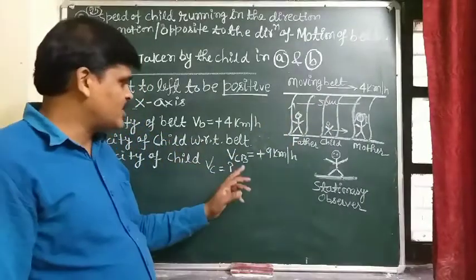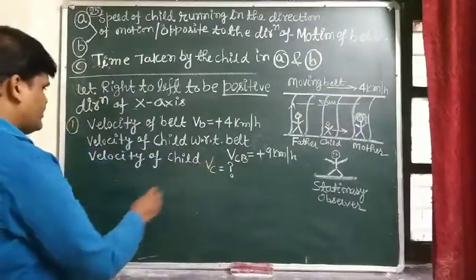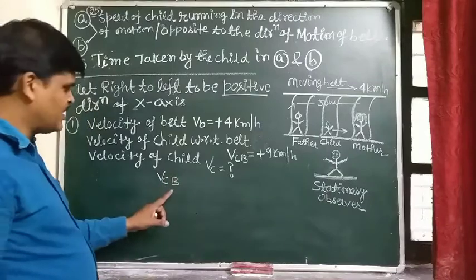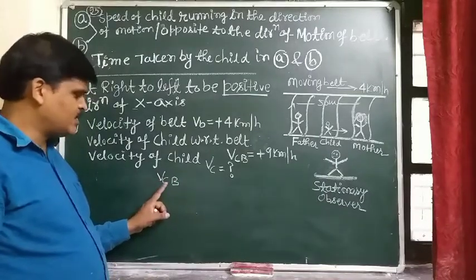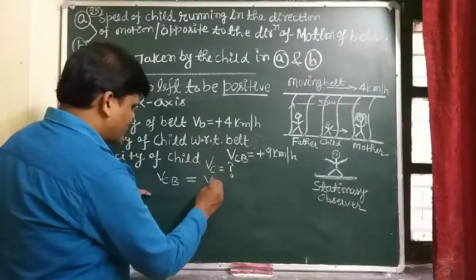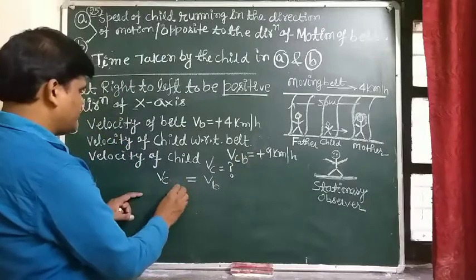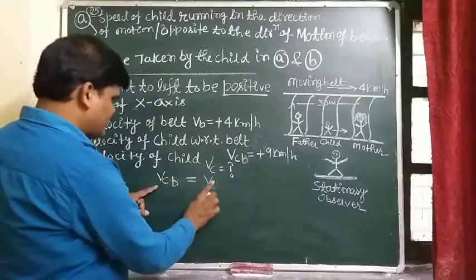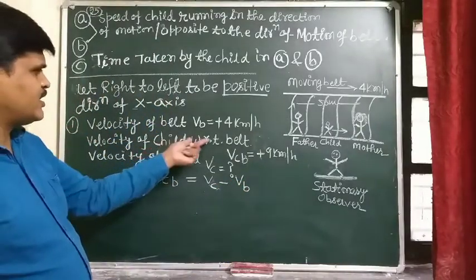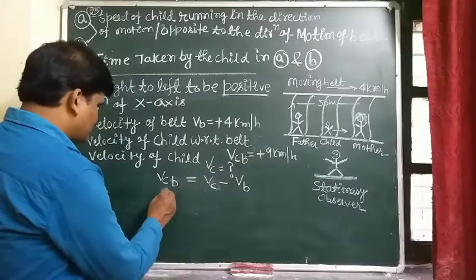So we already know that VCB is the relative velocity of the child, C for child, with respect to the belt, and its formula is VCB equals VC minus VB, where VB is the velocity of the belt. The relative velocity of the child with respect to the belt in the direction of the motion of the belt is taken to be positive.